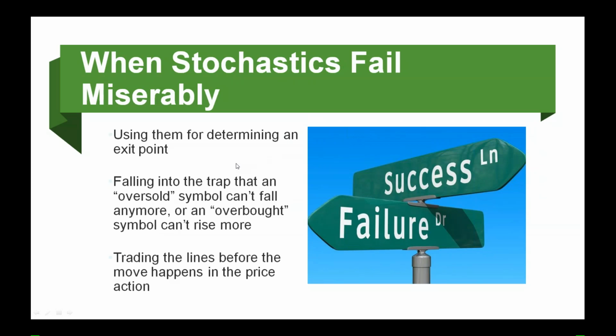When stochastics fails, well, we don't use it so much to fall into that trap of thinking this can't go any further because it's up here, or it's down there. We just know that momentum's a very real thing. I think people fall into that trap of looking for the overbought and oversold readings, and that's how they're going to make money.